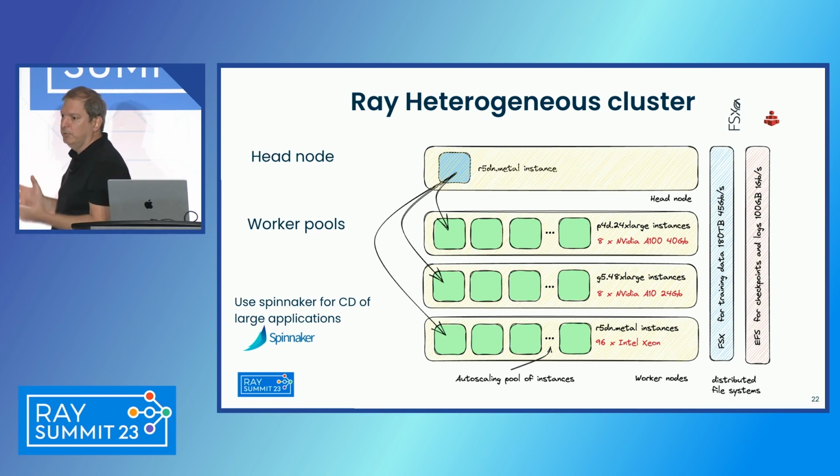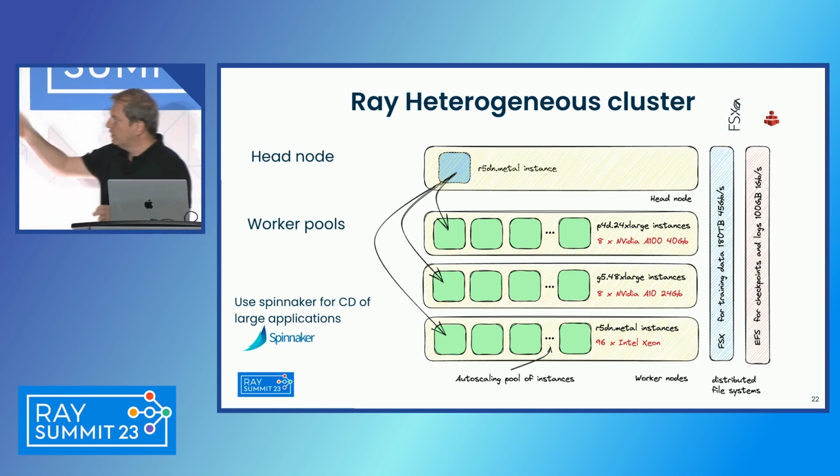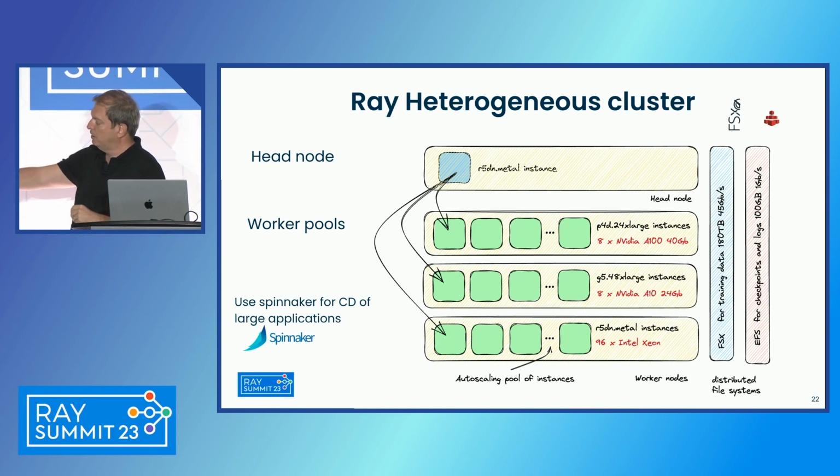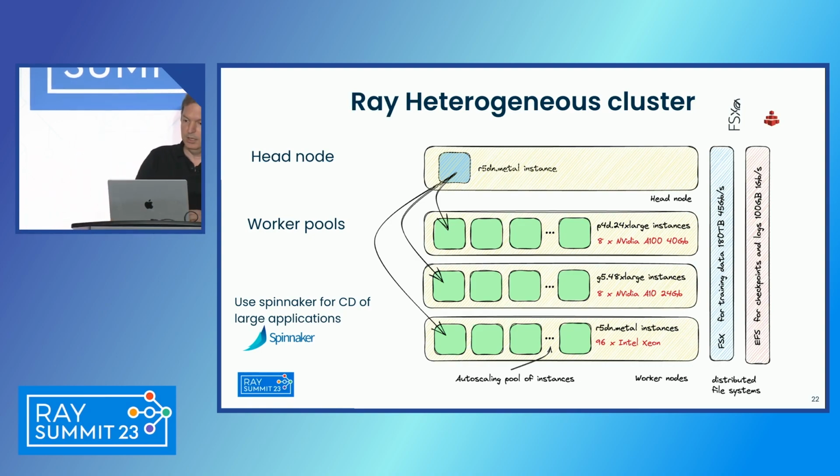We don't auto-scale because we have a fixed number of machines, but they have the capability of auto-scaling if we wish so. We can auto-scale also the A10s and the CPU-only workers. All of the nodes in the cluster share this EFS file system for writing data and the FSx file system for reading the data at speed.